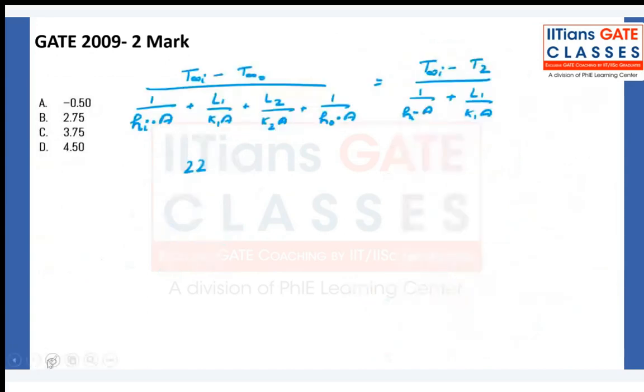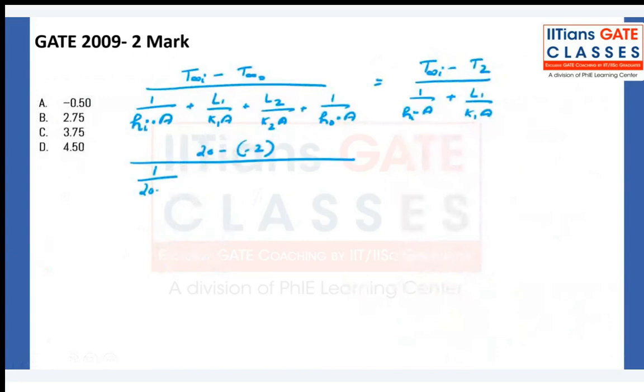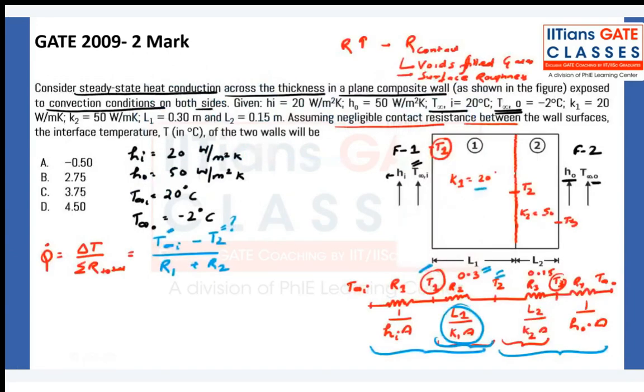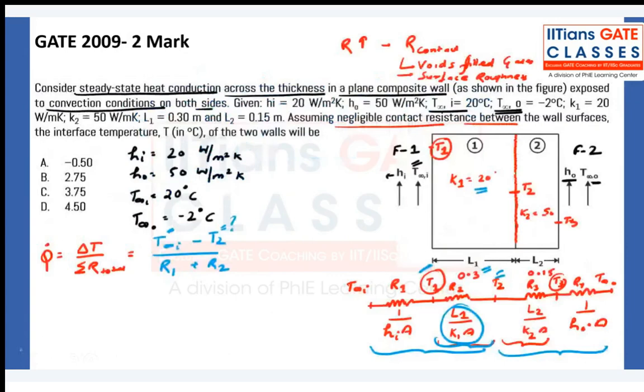So this is 20 minus 2. Now 1 upon HI. HI is how much? 20 into area. L1 is how much? L1 is 0.3 and this is 20 into area, plus L2. L2 I know it is 0.15 and this is 50. Yes, that is correct.